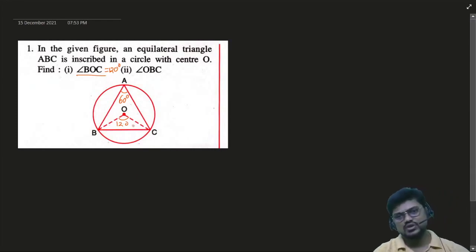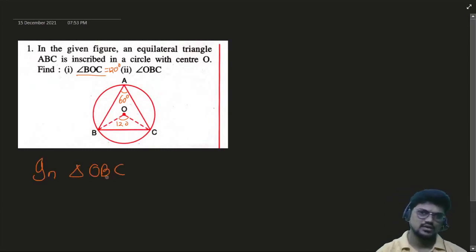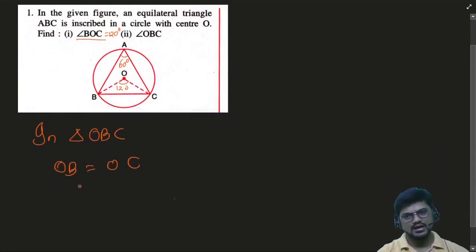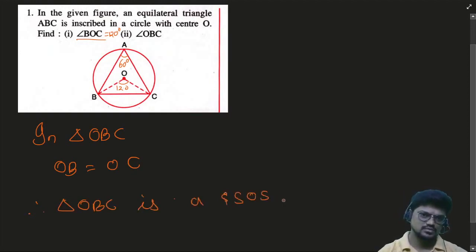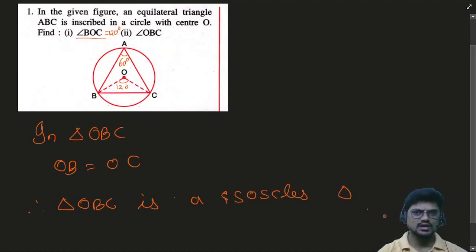Okay. As you can see, in triangle OBC, what you have? OB is equal to OC. That means triangle OBC is an isosceles triangle.